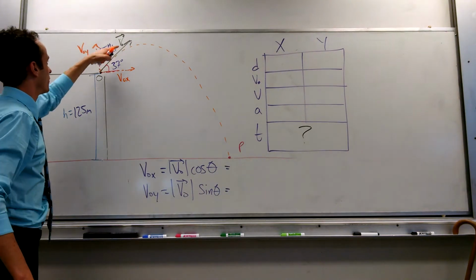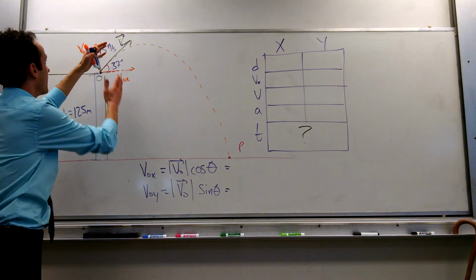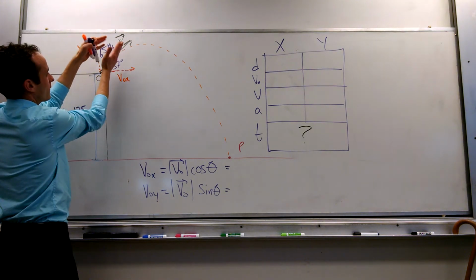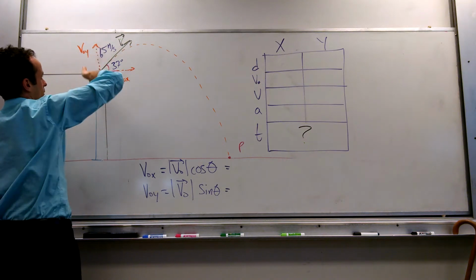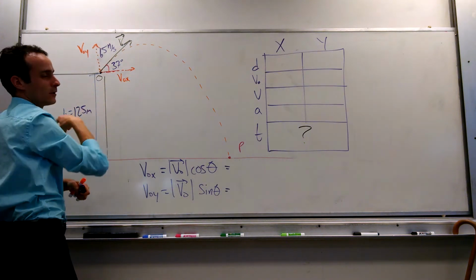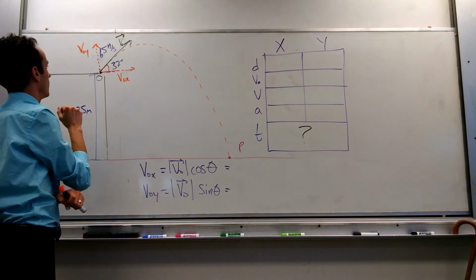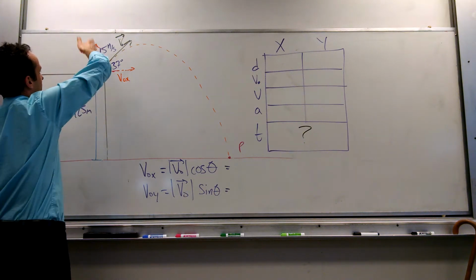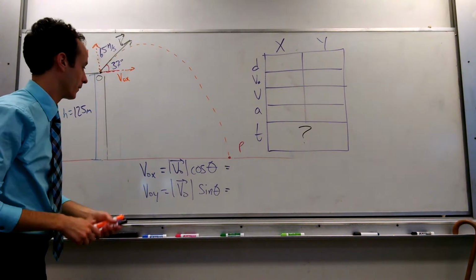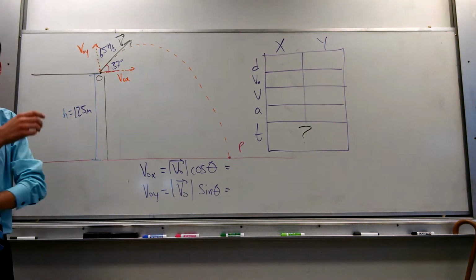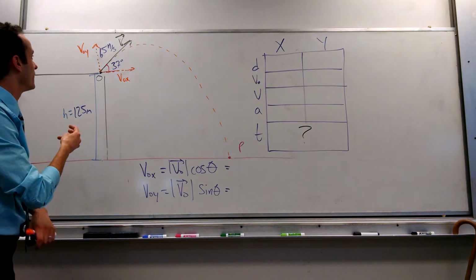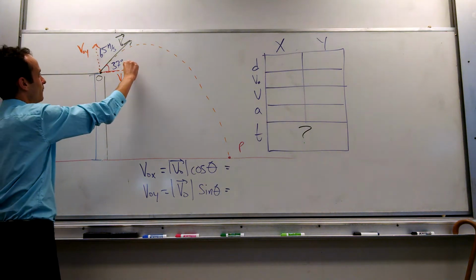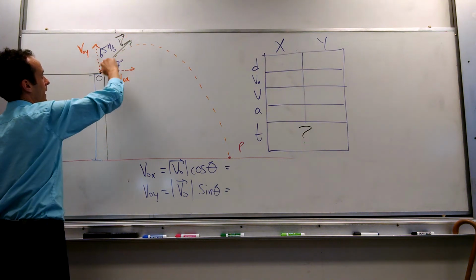Now, I know the initial velocity vector. I have to be able to split it up into its horizontal component and its vertical component. If you recall from what we did Thursday and Friday, if I add v naught x plus v naught y, I get v naught.